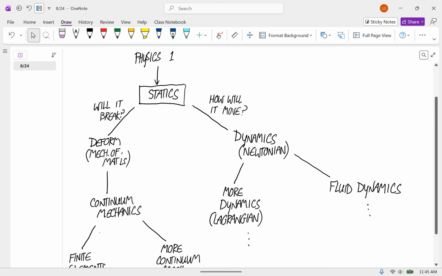And these are most relevant for people in mechanical engineering, civil engineering, aerospace engineering, and certain types of biomedical engineering. But it has relevance to everything. I'll try to point that out a little bit.